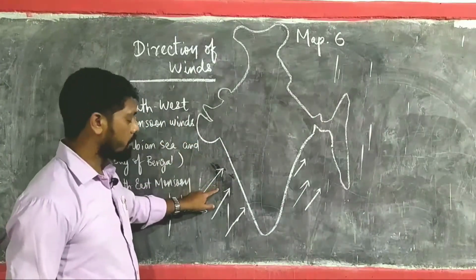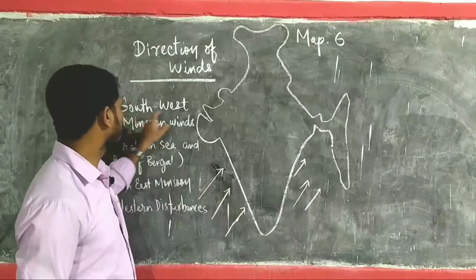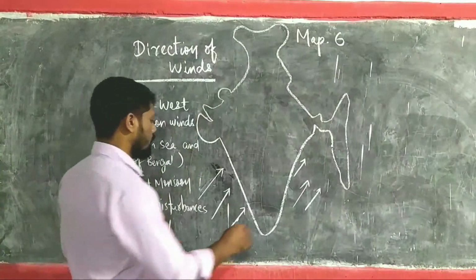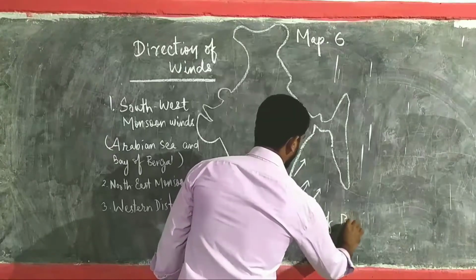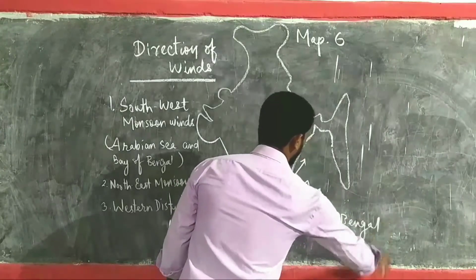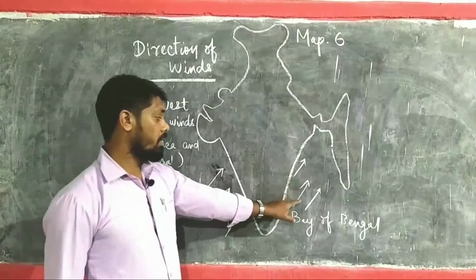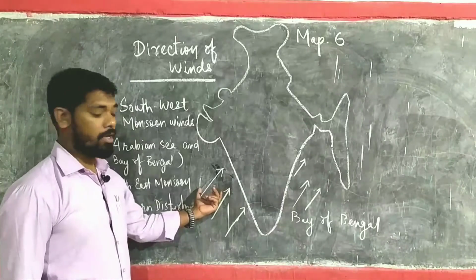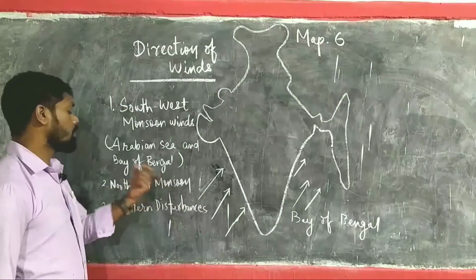So these directions are always termed as southwest monsoon directions. Is it clear? So now it is in the Bay of Bengal, right? So this is how the southwest monsoon is labeled on the Bay of Bengal, and it is on the Arabian Sea branch.